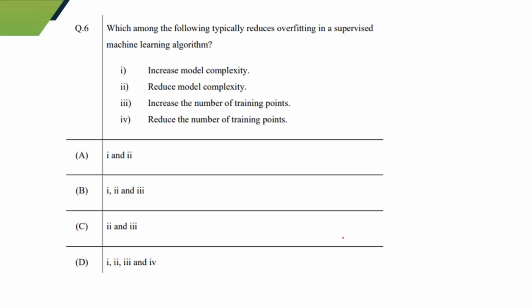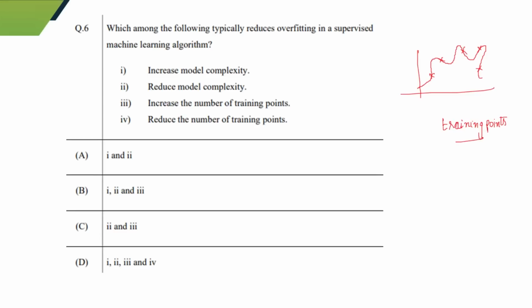Let's say I have some data points, and we have fitted our data very perfectly, that means we get a curve like that. That means we have fitted our graph for training points perfectly, right?